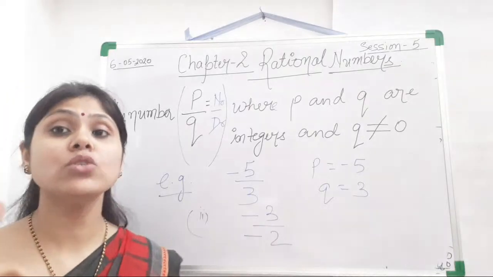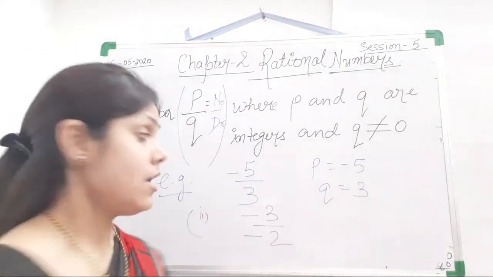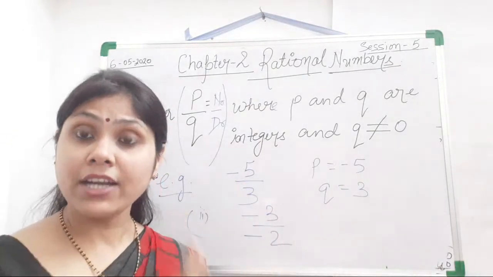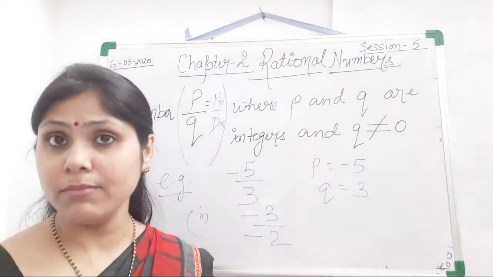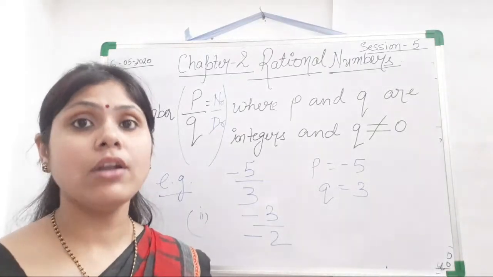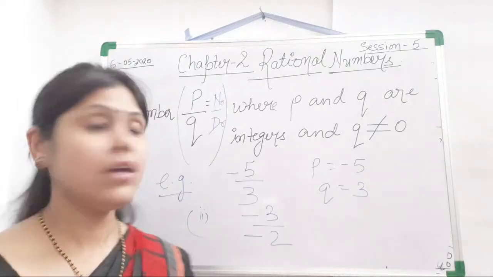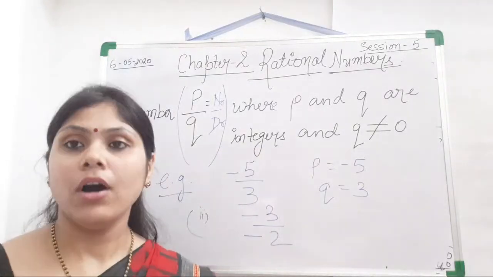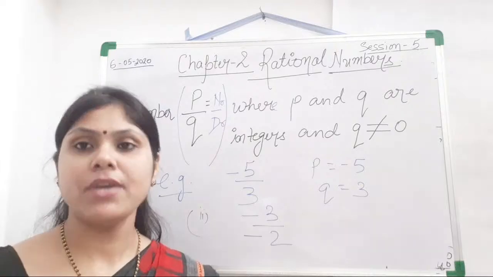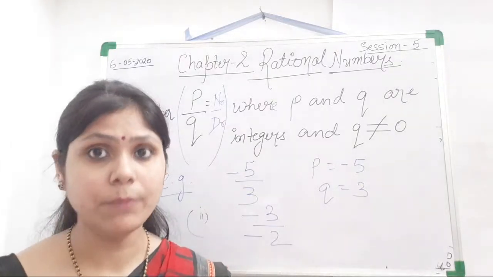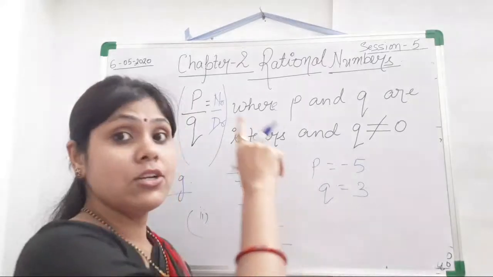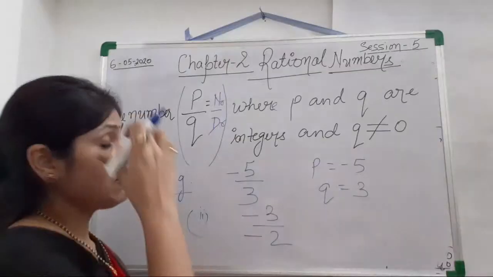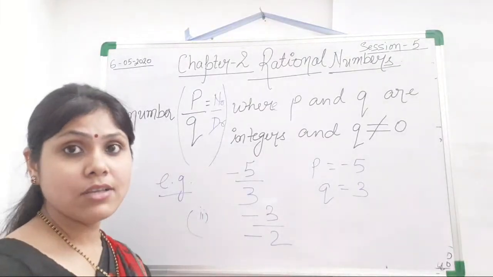Don't get confused between integers and rational numbers. Integers are the numerator and denominator. So when a fraction is coming, then it is a rational number. So we can say all the fractions are rational numbers. Whenever any number is in the form of P upon Q, in fraction form, but in fractions you studied that both were always positive numbers.